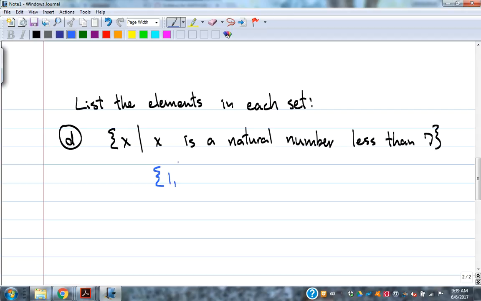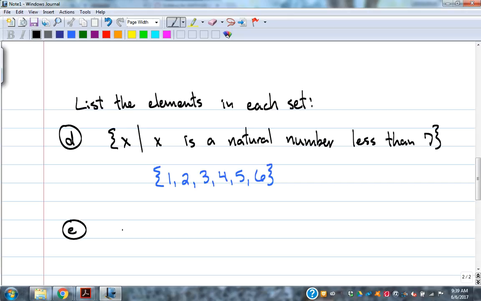Well, 1 is a natural number, 2, 3, 4, 5, 6, and we stop there because 7 is not included. So the natural numbers, again, are just the numbers we count with, not the decimals in between. So there we have the list of the elements in that set. They're describing it. We list the elements of that. It's one of the skills that we'll need for this particular section.